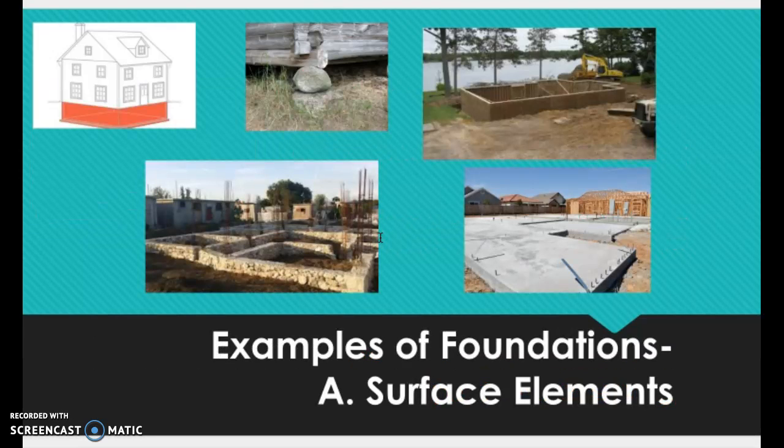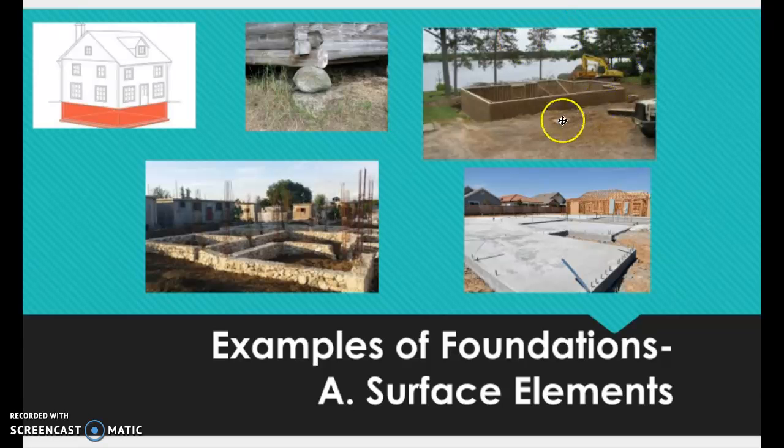So here are some examples of foundations. Okay. So you have here just a very, very basic foundation. There would be 4 of these at each corner of this basic shelter, and it would be a nice flat surface that the rest of the house is upon.